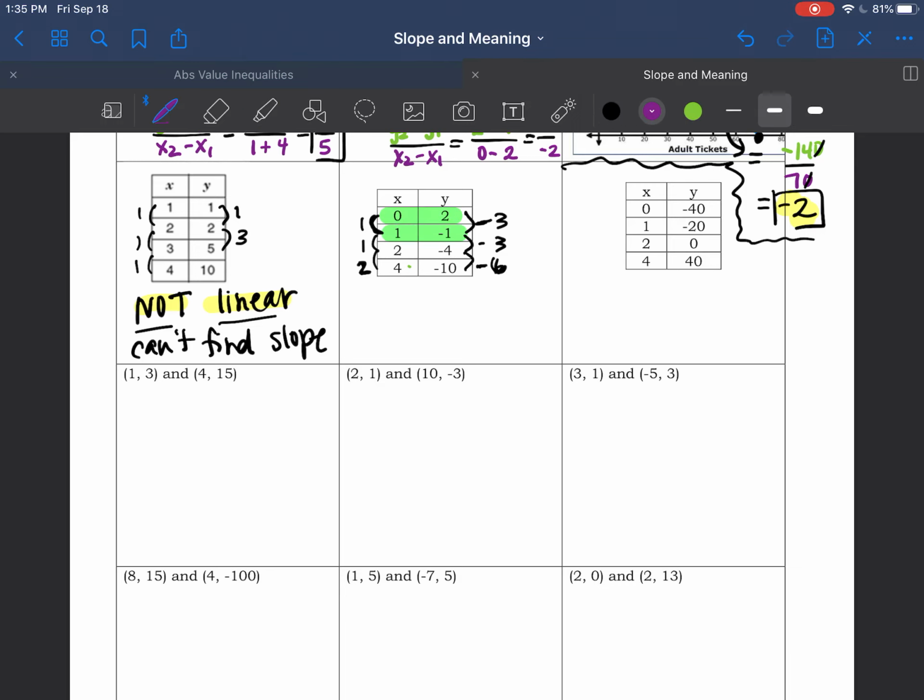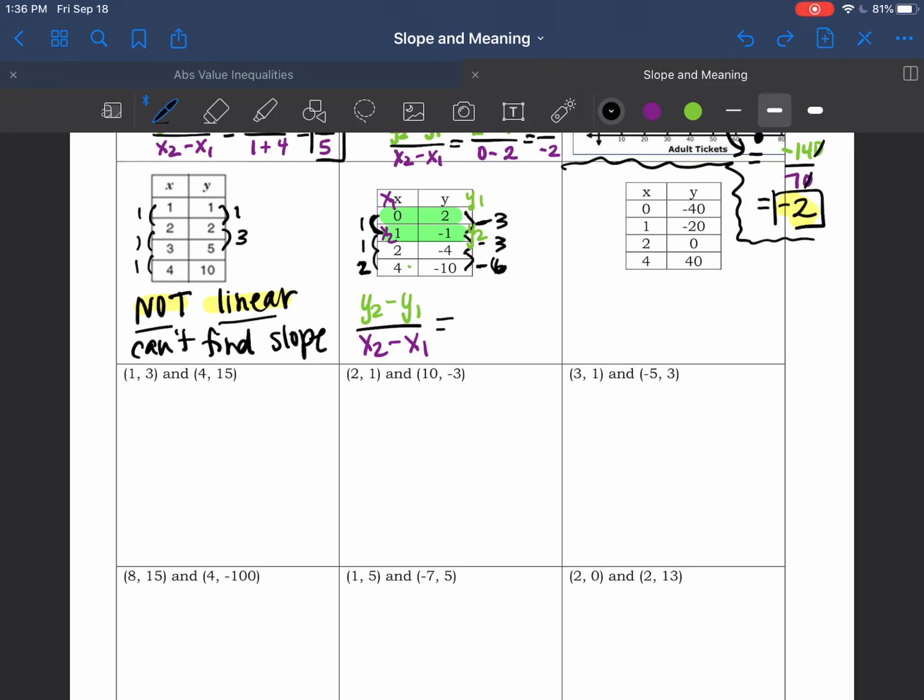We're going to use those 2 points. Okay, and so if I call this x1 and x2, y1, y2, then slope is y2 minus y1 over x2 minus x1.